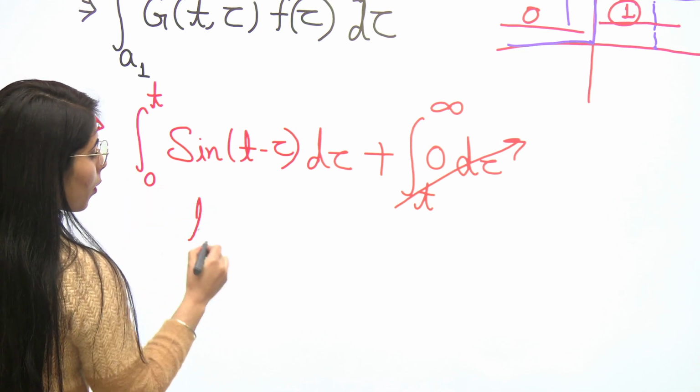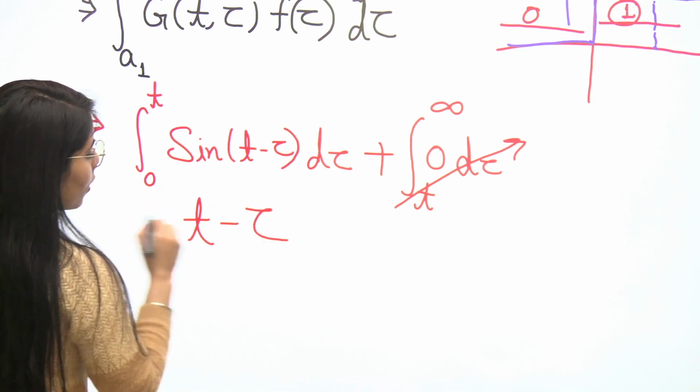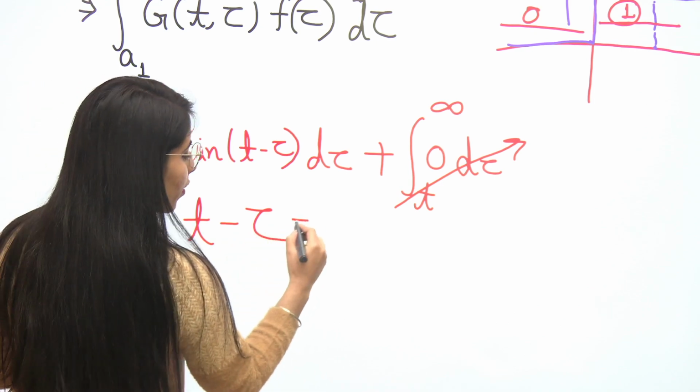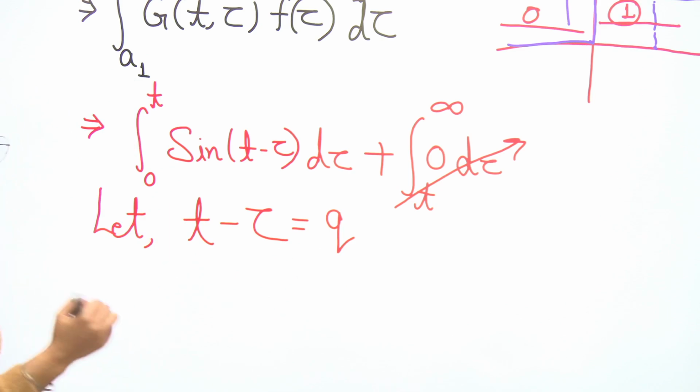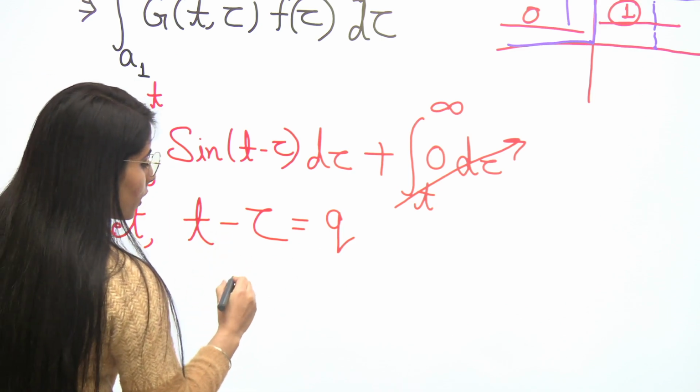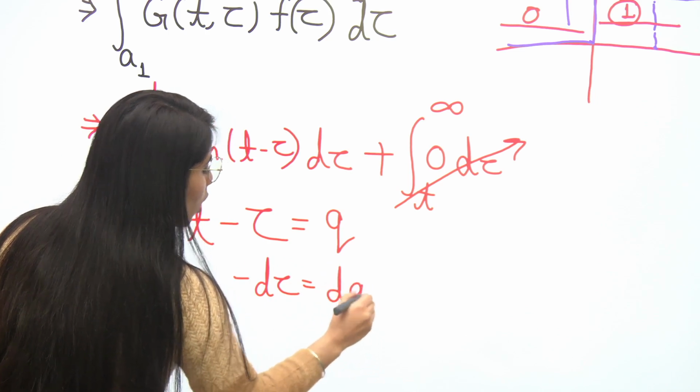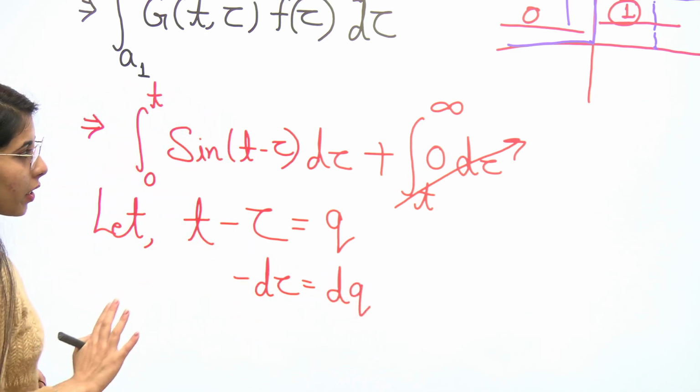To integrate it properly, you can consider t minus tau is equal to, let's say, q. Then in that case, you will get minus d tau is equal to dq. Clear? Or you can say d tau is equal to minus dq.